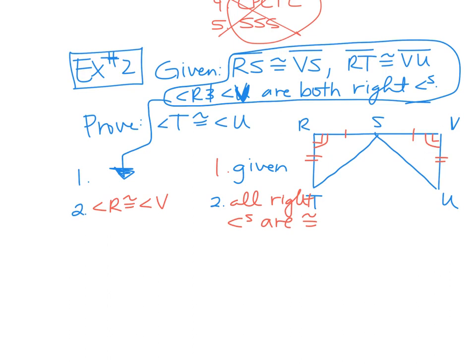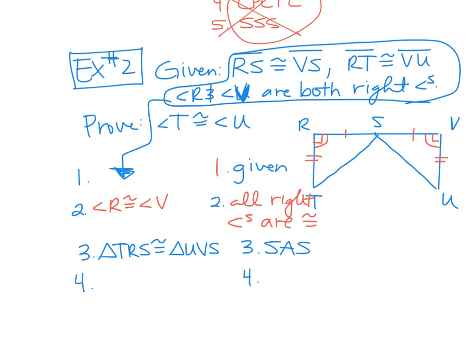And then you can say the triangles are congruent. So if I say TRS, that's congruent to what triangle? TRS is congruent to UVS by what? SAS.